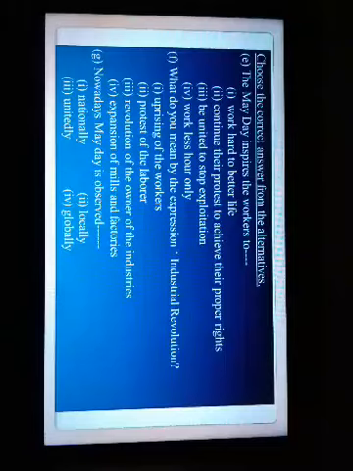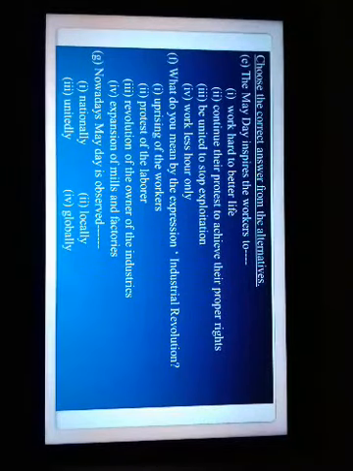There are only three questions left here. You will see question E: May Day inspires the workers to work hard for a better life, continue their protest to achieve their proper rights, be united to stop exploitation, or work fewer hours only. Can you tell me? The answer is number 3, be united to stop exploitation.